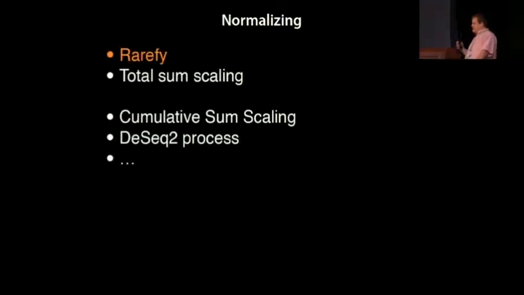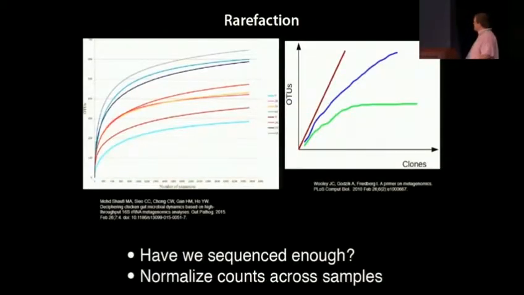When you're doing any sort of analysis like this across large numbers of different samples, you definitely want to do some sort of normalization procedure. What's very common is to do a rarefaction, and this is good to make sure that you've sequenced deep enough, and you can also use it to rarefy your sequences to basically the lowest community number that you have.